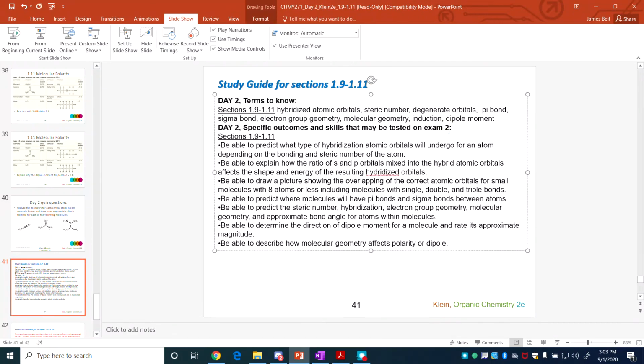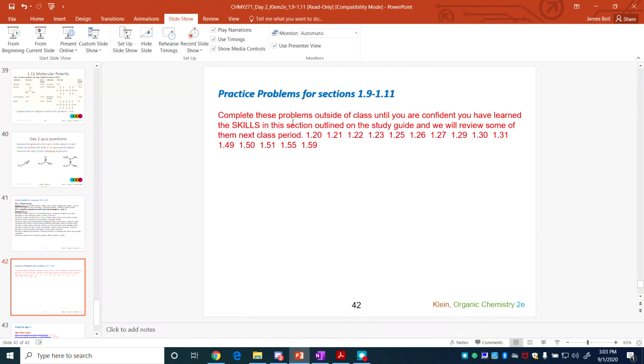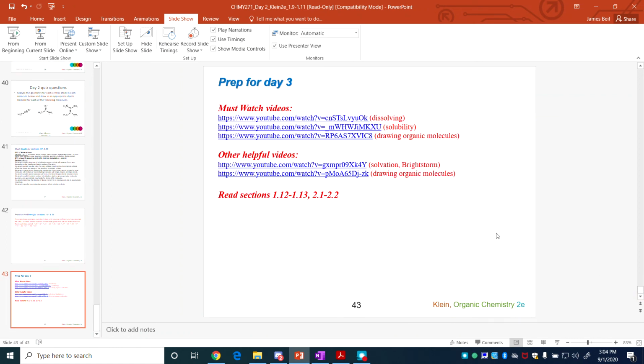For those of you who have not had an exam yet this week, this material won't be on your exam until next week. And here are some practice questions from the textbook that are relevant to what we just talked about, so you can check your work against the solutions guide for the textbook. And then on Thursday, we're going to finish chapter 1 and get into chapter 2 a little bit.